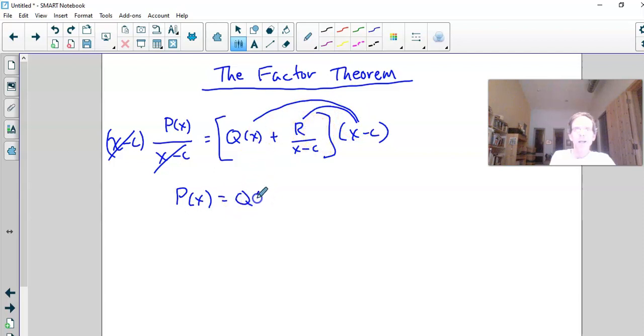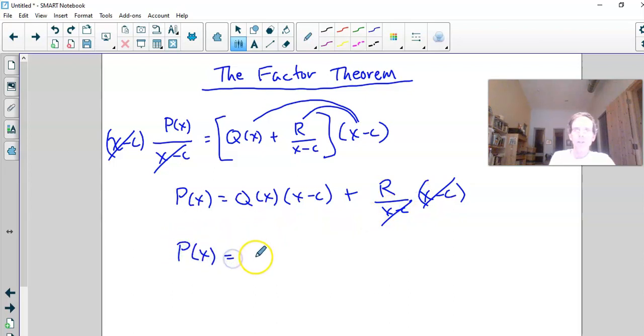We get q of x times the quantity x minus c plus the remainder over x minus c times the x minus c. So I've distributed the x minus c. We see that the x minus c cancels in this second term here, and we're left with what the textbook calls the division algorithm. The polynomial equals q of x times this x minus c plus the remainder.